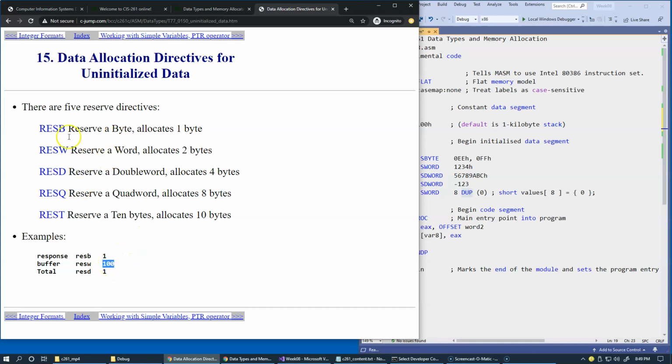Okay, so these are directives to do something like this. So reserve byte, word, double word, quad word, which is 8 byte size, or even 10 bytes. So this is a reserve T directive. And so this is how many of them will each contain, and you specify the number of them that you want.